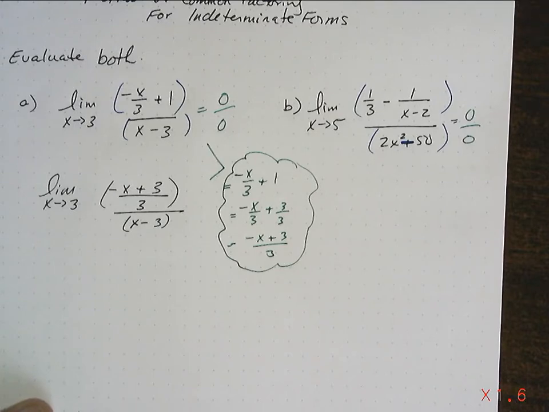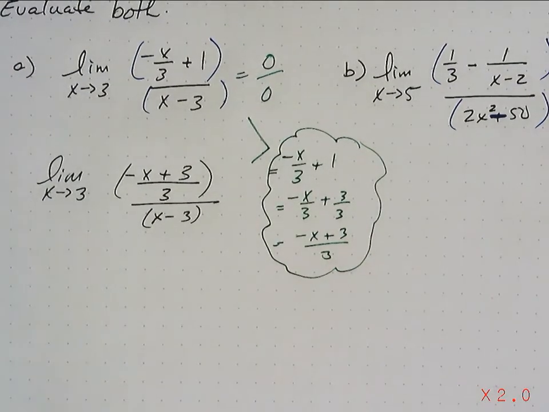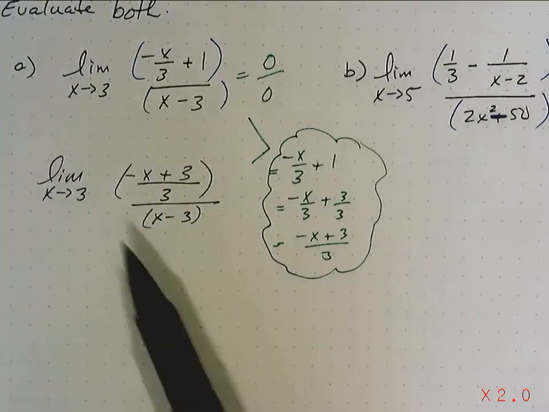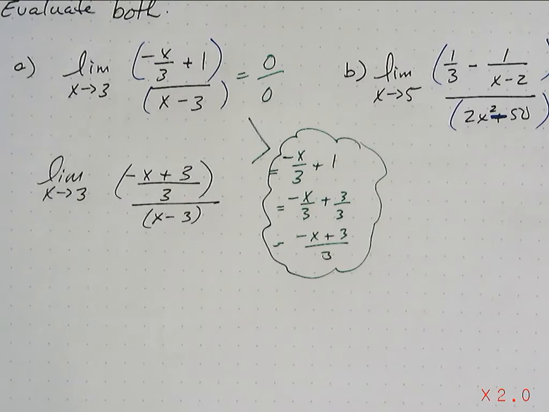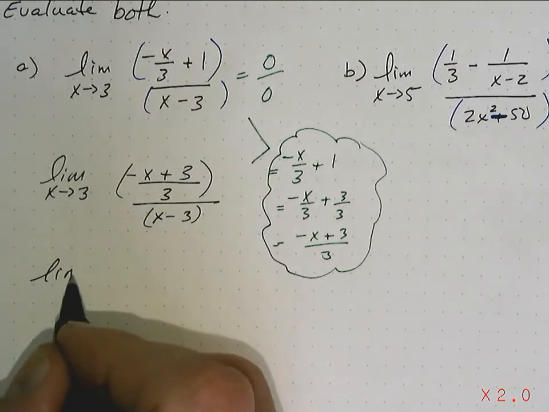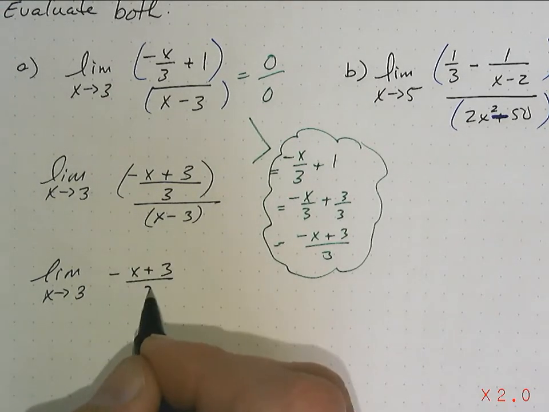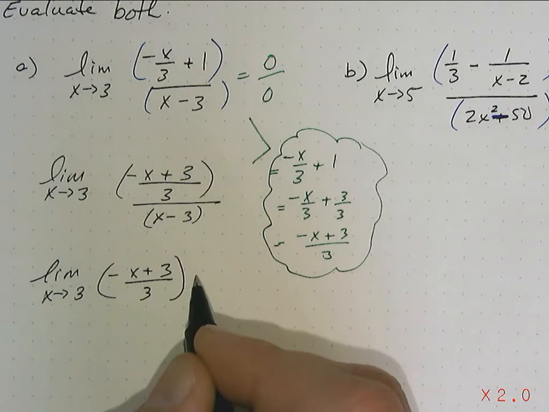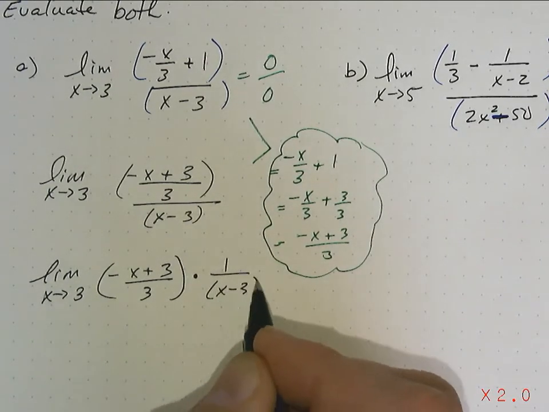So I'm getting a common denominator in the numerator. How's that grab you? All right. Then, just using a little bit more algebra, I'm going to change this to the numerator multiplied by the reciprocal, 1 over x minus 3.